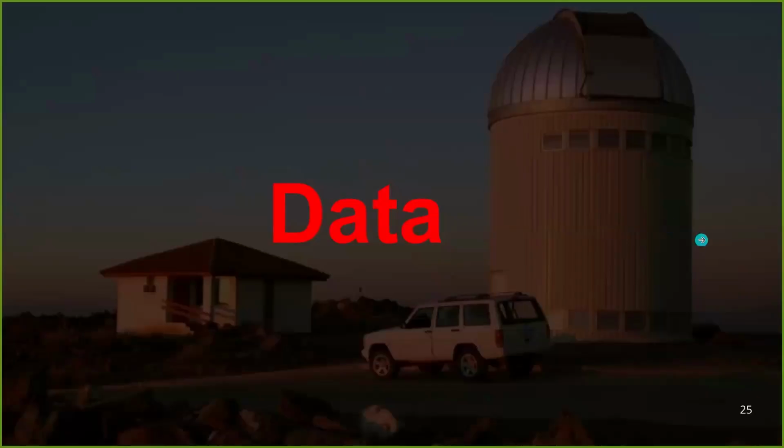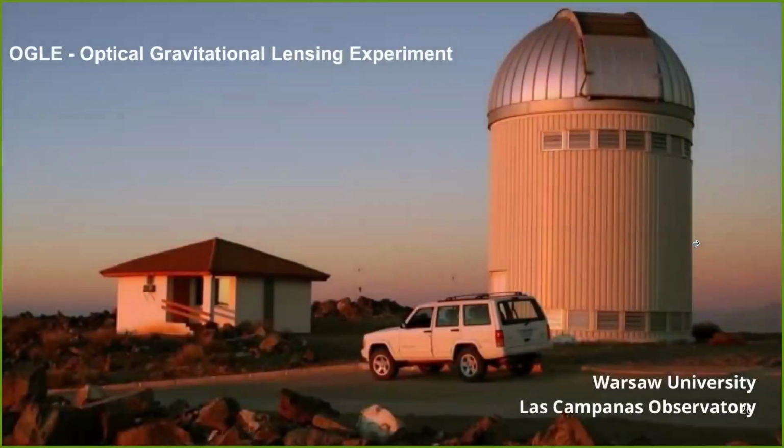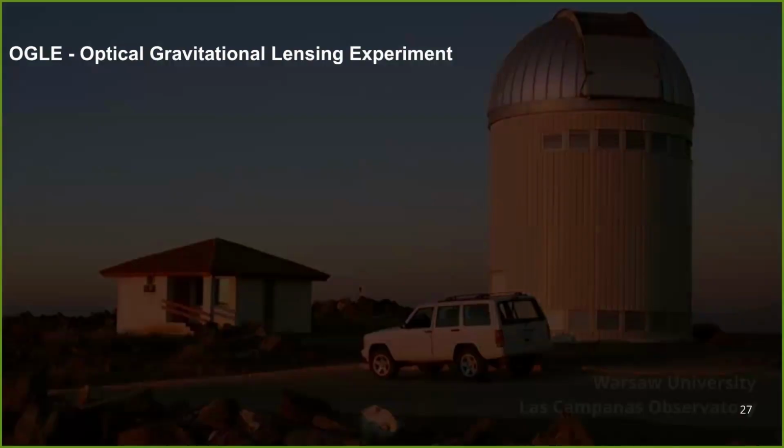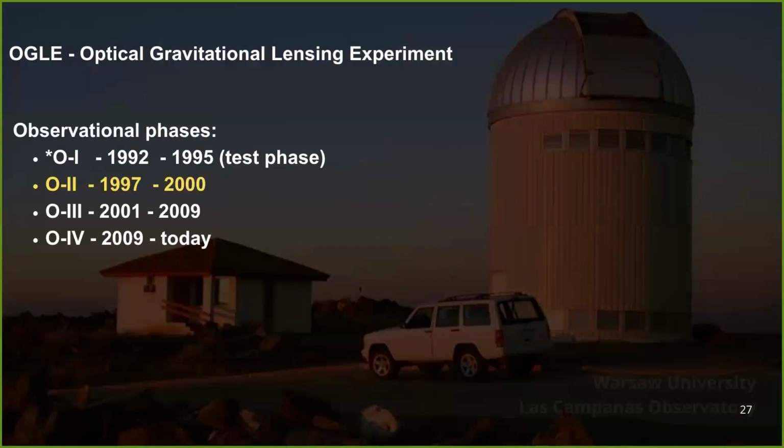Well, this work used data from OGLE, which is a photometric survey. It has 4 observational phases. The first one is not included in the survey because it was a test phase.